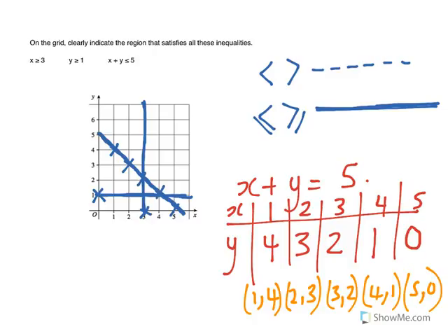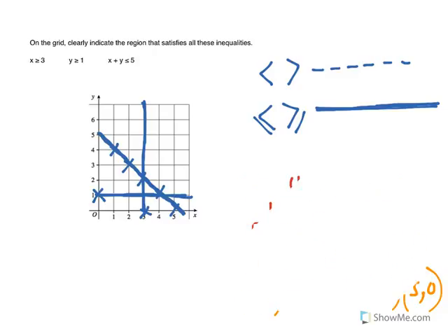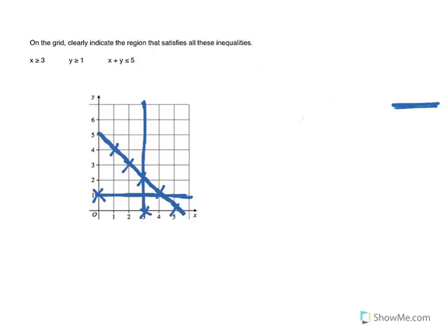Okay, now the thing that I need to decide is which part of this I'm going to be shading, because I have to shade the region that satisfies all the inequalities. So here I need to look at what exactly they meant. For the first one, it was where x is greater than or equal to 3.